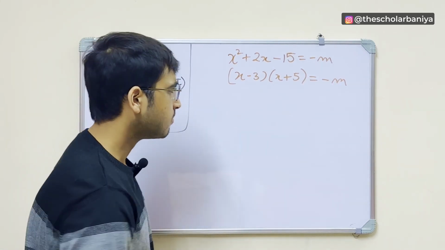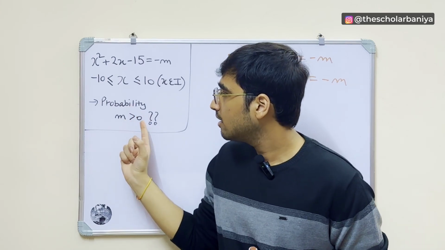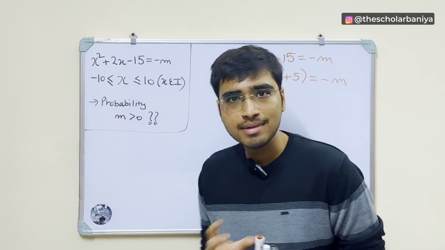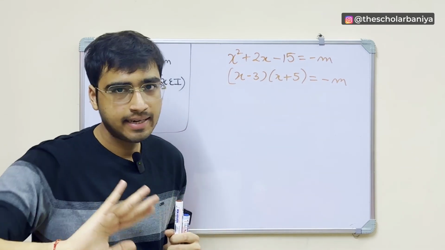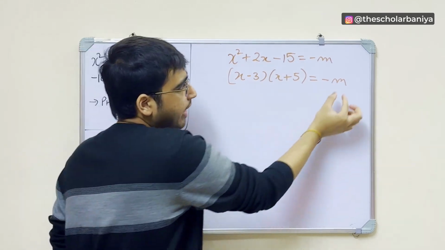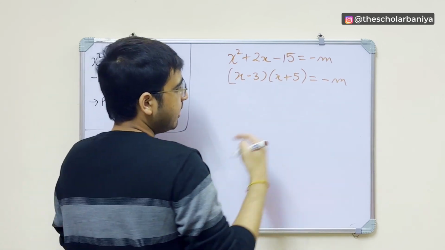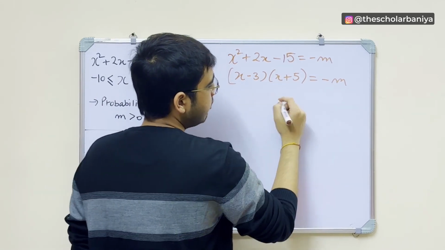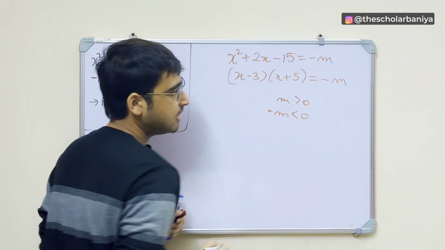Now we have to find the probability that m is greater than 0. So let's assume that m is greater than 0. If m is greater than 0, obviously minus m will be less than 0, right?